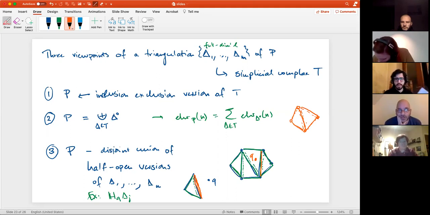Any questions about these? I wrote one, so maybe I'm just going to say it. Please, Alison. Is this third construction giving you a partition of the face lattice, the face poset?